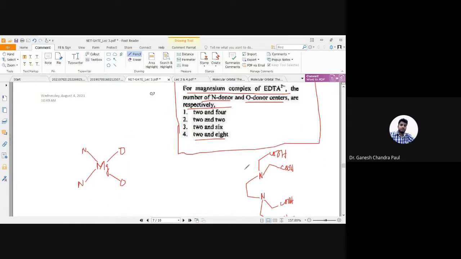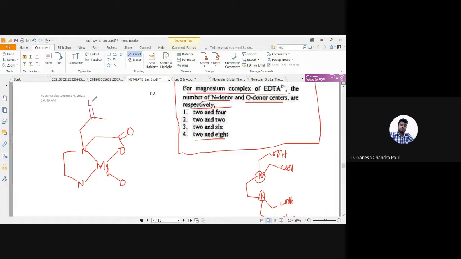Now, as you can see here, how many nitrogen donor sites are there? It is 2, right? Two nitrogen donor sites are there. How many oxygen donor sites are there? Tell me. Rahul? Sir, two. Yes, it is 4. Very good.